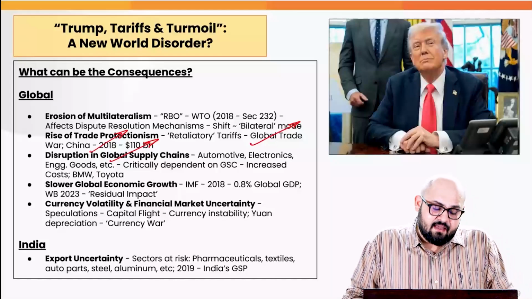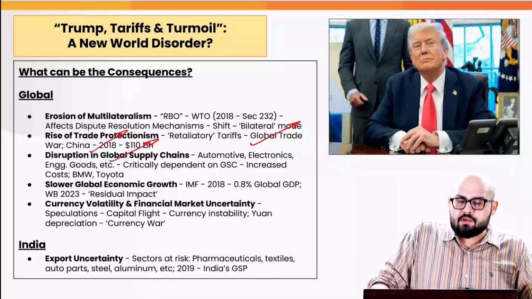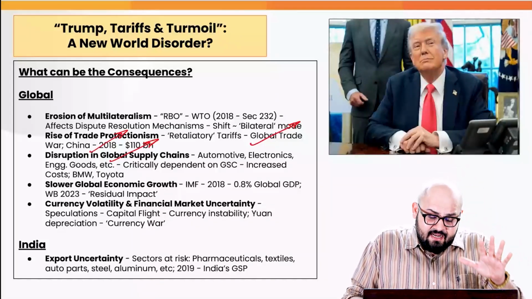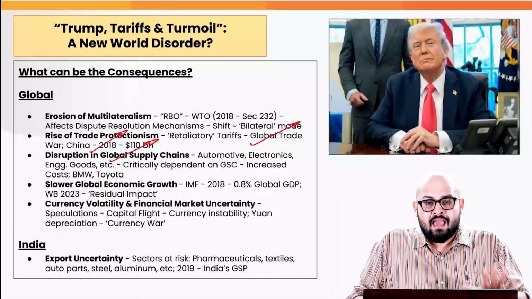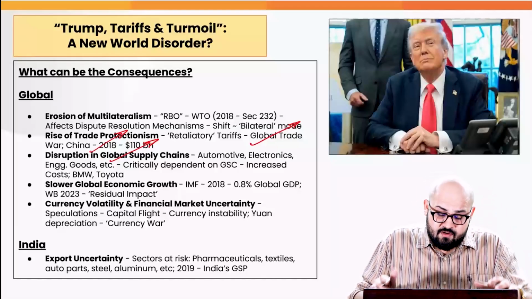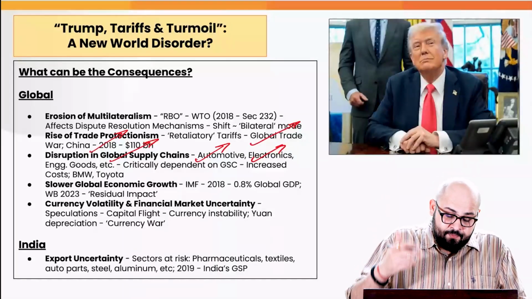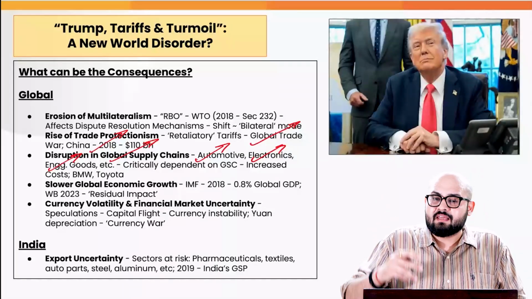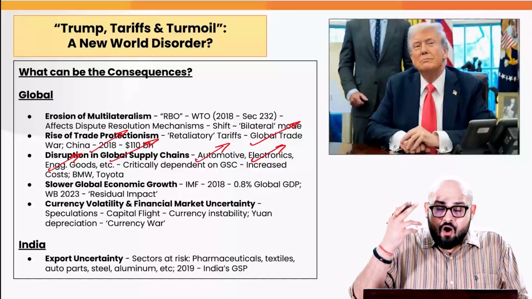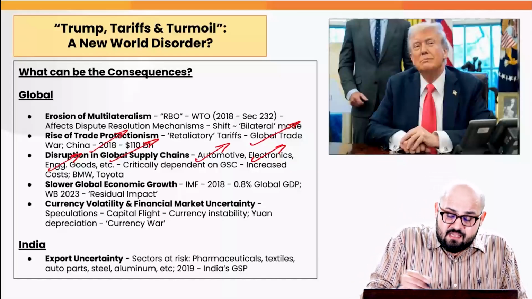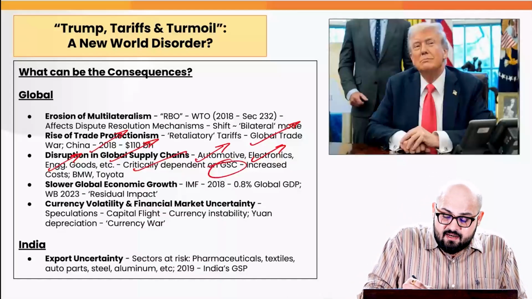But if the US is coming up with these tariffs, definitely it is going to affect the global supply chain, and it is going to affect specific sectors. For example, the automotive sector, the electronics, be it semiconductors, the engineering goods, be it heavy machinery, right?